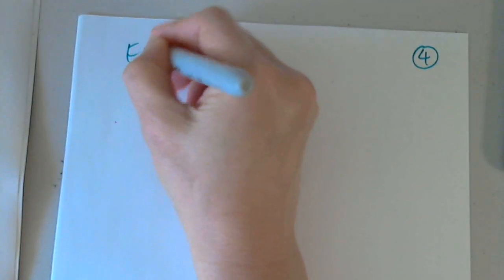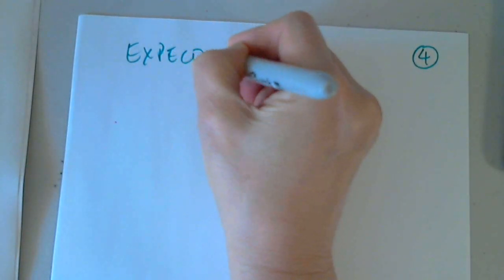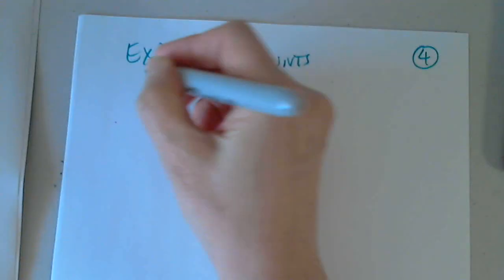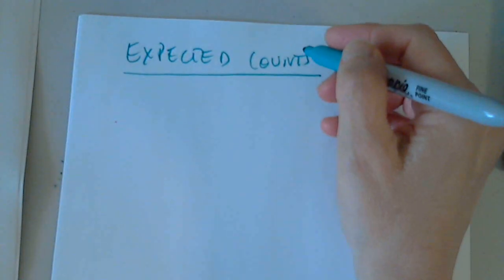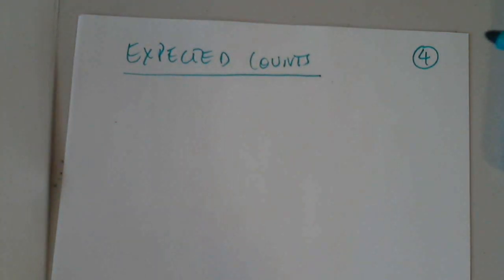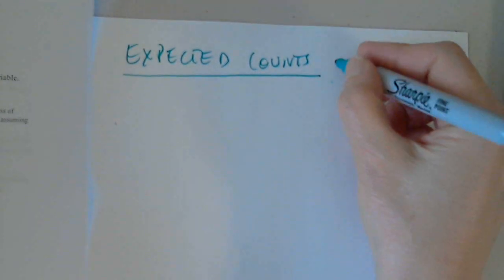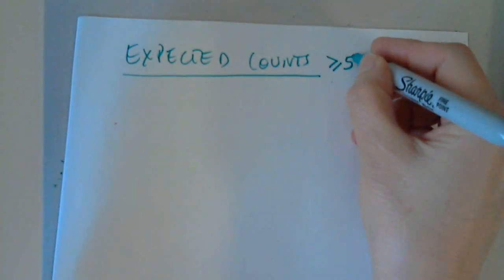So number one, expected counts. What is this? Well, we're going to conduct a test, and the expected counts have to be greater than or equal to 5.